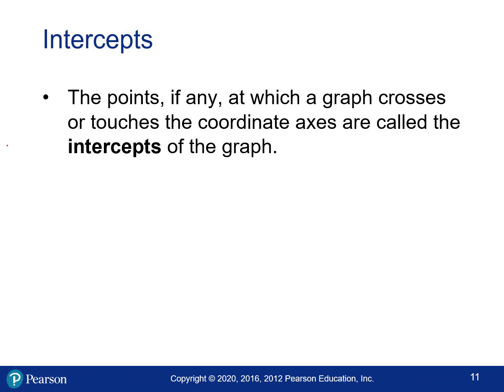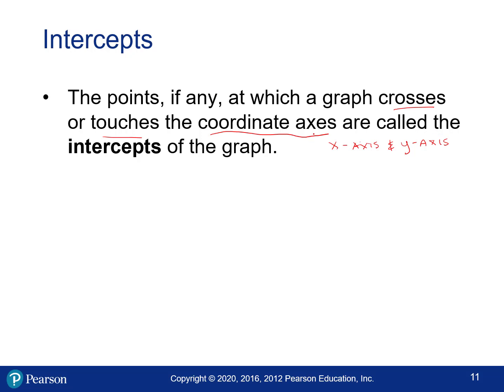Okay, so now we are ready to talk about intercepts. Intercepts are points on your graph, but they're very specific points. They're points where your graph either crosses or touches the coordinate axes. We talked about this in the last video, but this is your XY axis. Your coordinate axes are just the terms for your x-axis and y-axis, creating your XY plane.